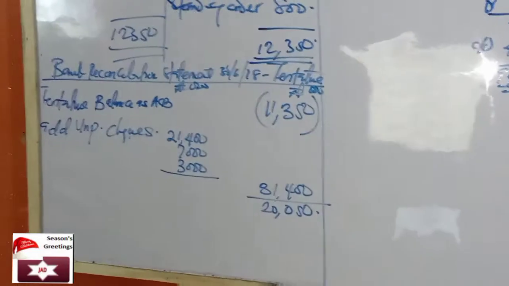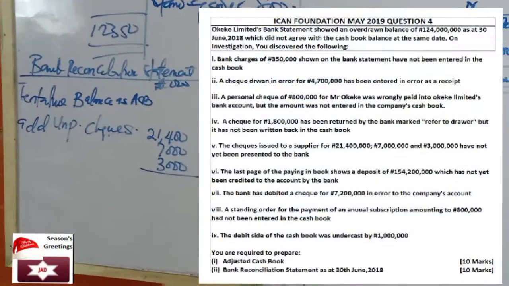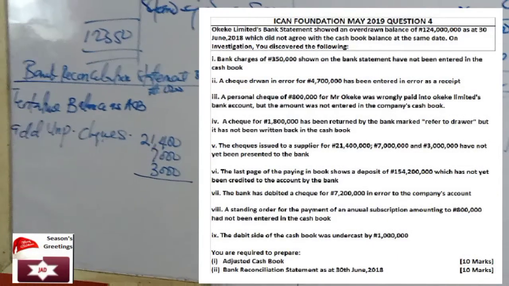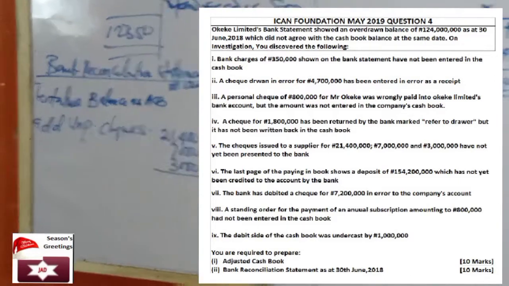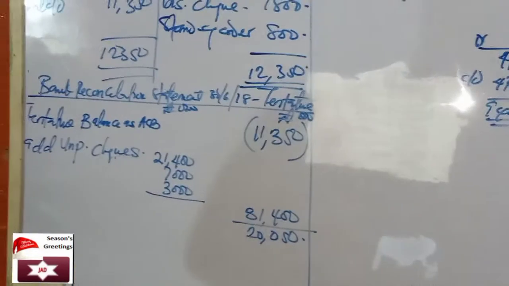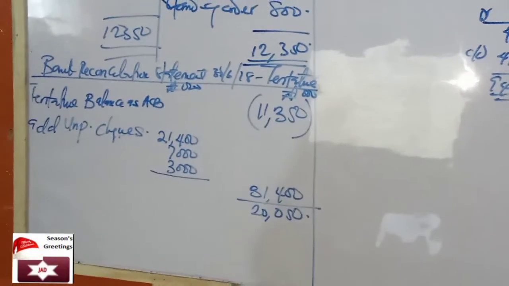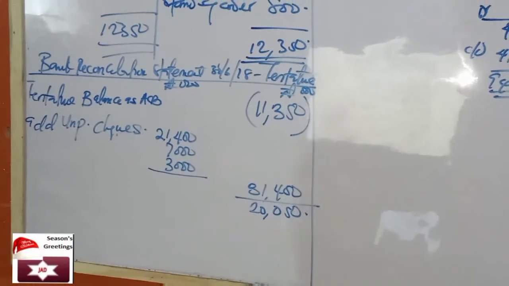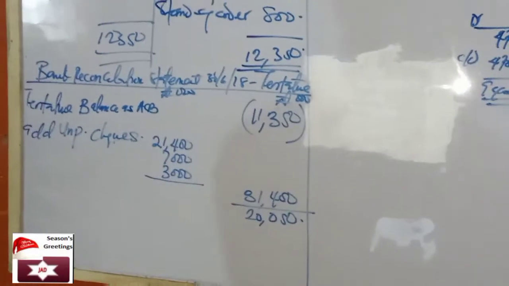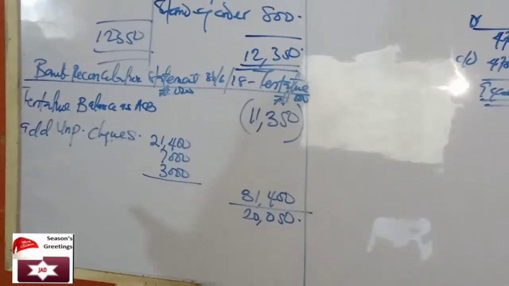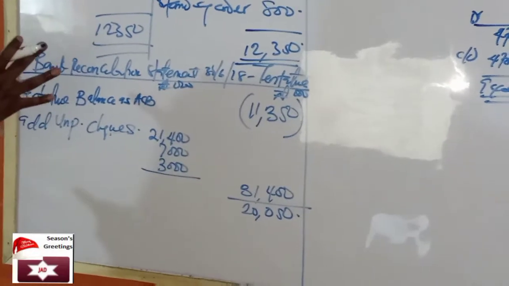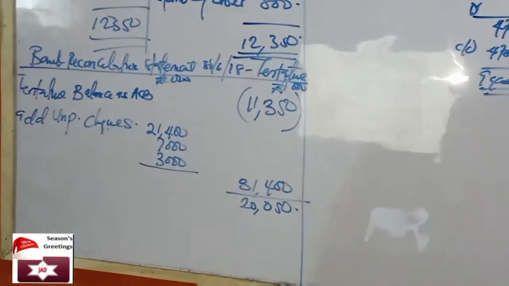Look at that, your error 3. A personal check of 800,000 for Mr. OK was wrongly paid into OKK Limited account, but the amount was not entered in the cash book. So as you know, if we enter it in the cash book, that would have been a debit, an addition to the balance. But because it is not actually ours, we cannot be writing it in the cash book. So we can just make it a reconciliation item here in the bank reconciliation statement.